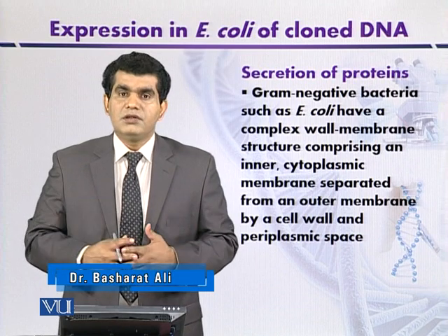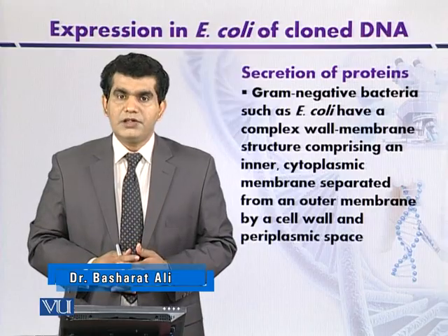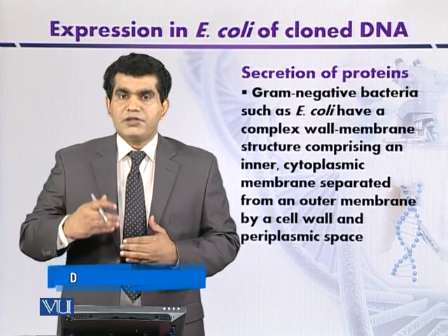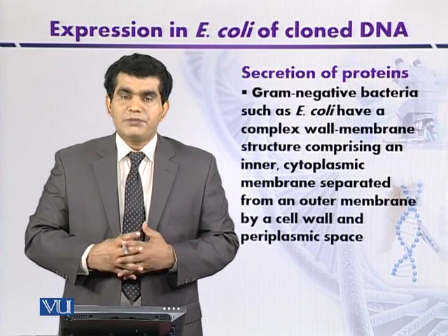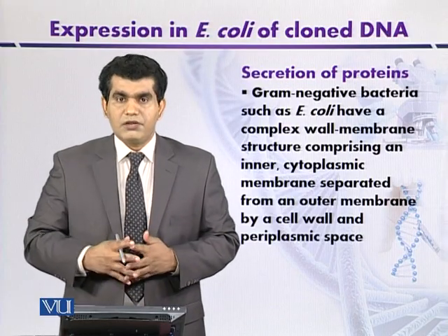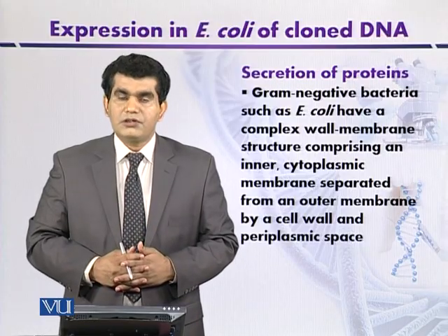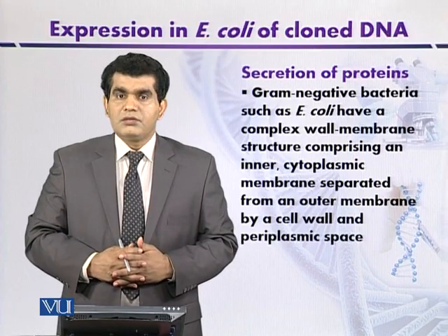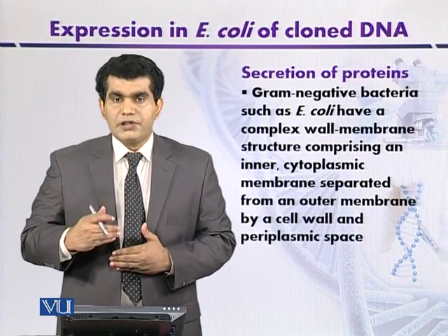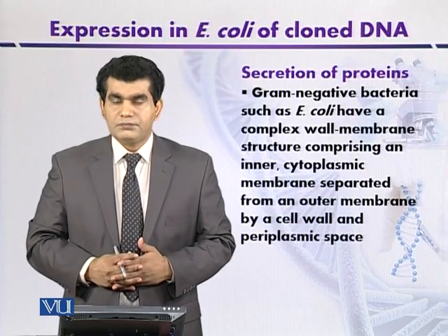The first membrane is called the inner membrane or cytoplasmic membrane, and after the cytoplasmic membrane, on the outer side, a cell wall is present, and then external to the cell wall, an additional membrane is present which is called the outer membrane. And the space between the outer and inner membrane is called the periplasmic space.